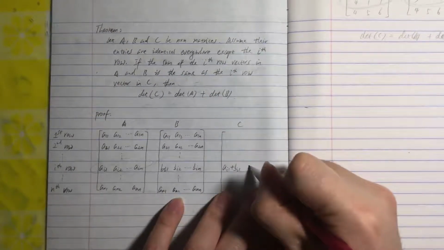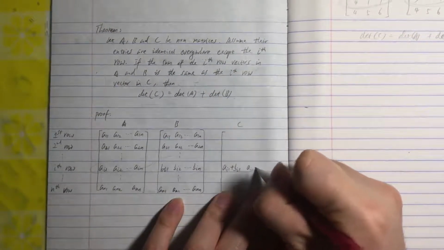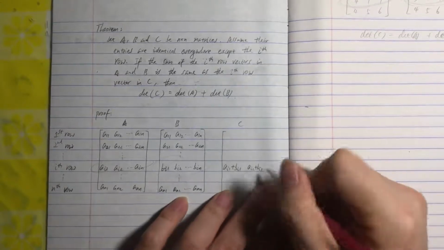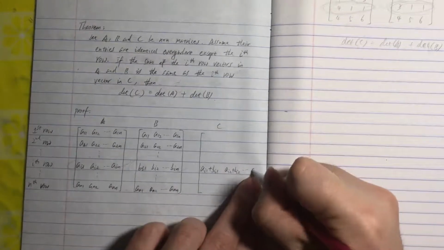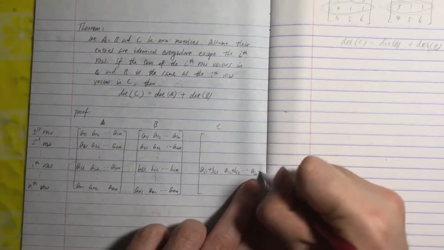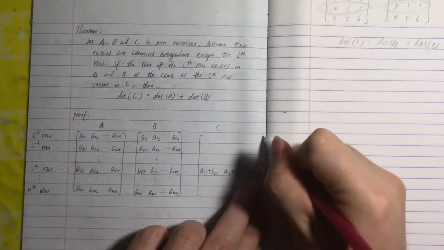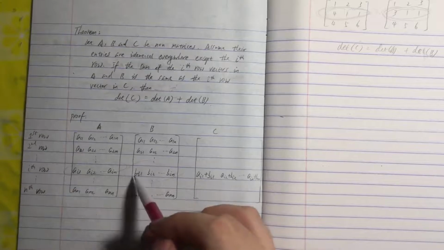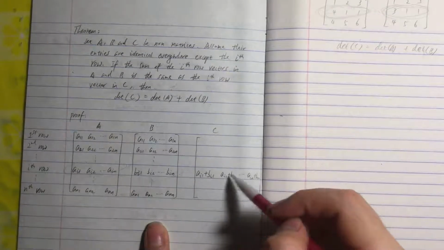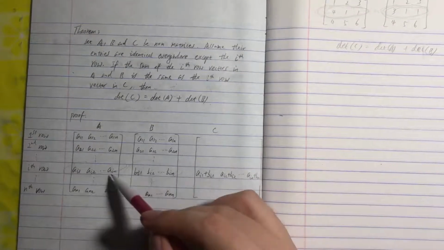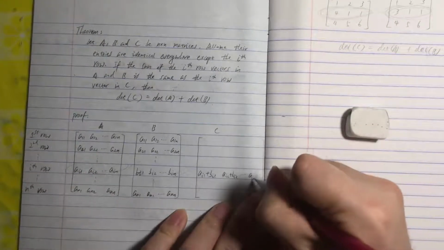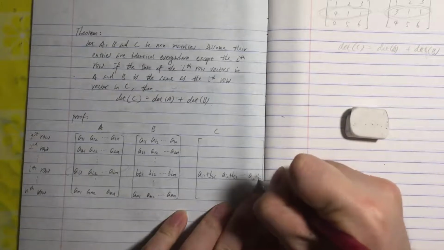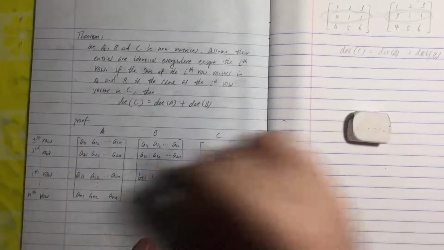The second entry will be AI2 plus BI2. And the last entry will be AIN plus BIN. That's the ith row in matrix C.